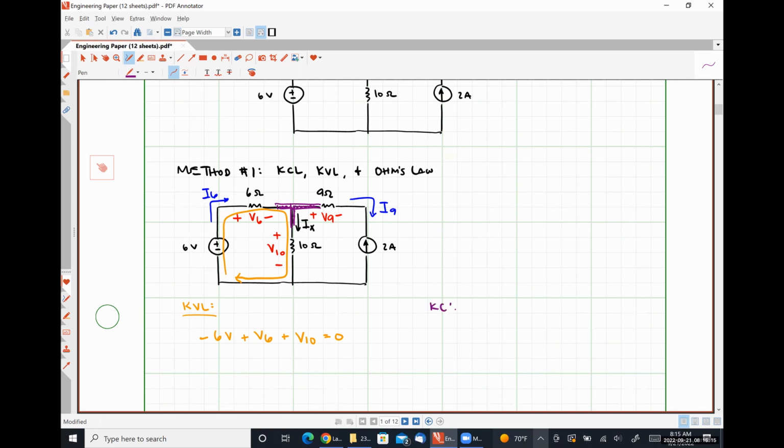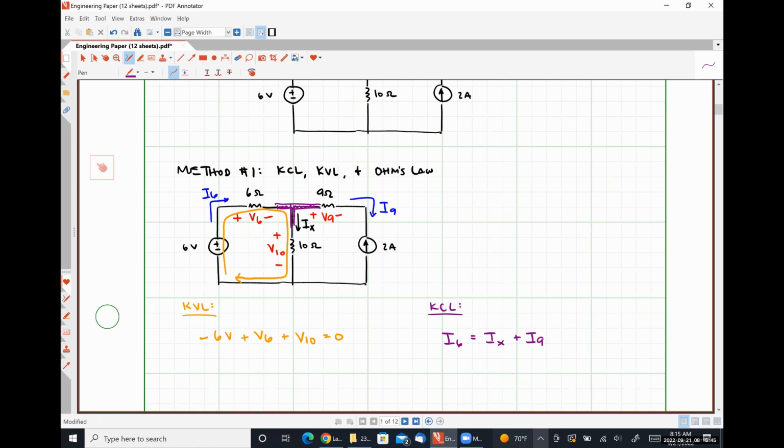I have a current of I6 entering, so I can say that I6 is equal to IX plus I9. And I've written 2 equations, and I have, I think, 5 total unknowns at this point.